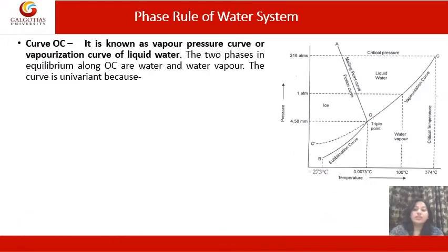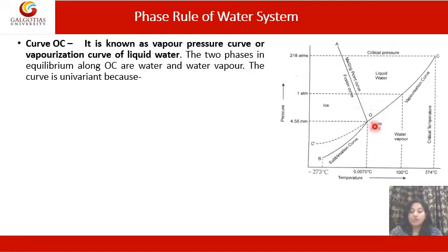Now, let us discuss the curve OC. It is a vapor pressure curve or vaporization curve, as it represents the equilibrium between liquid water and vapor at the different temperatures. So at every point of the curve, two phases are present.